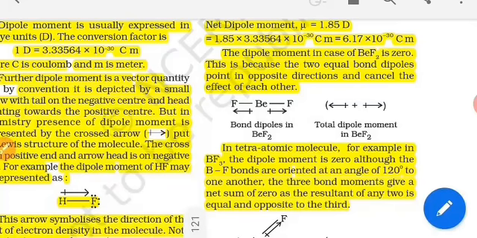This is because the two equal bond dipoles point in opposite directions and cancel the effect of each other.